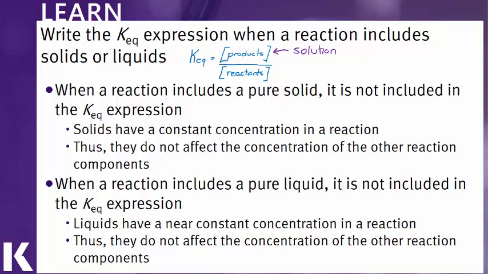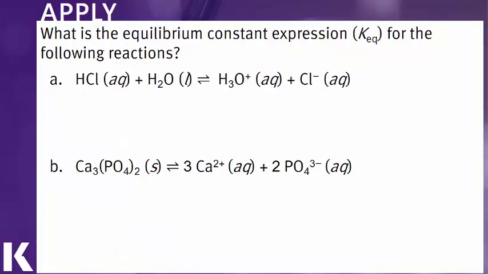So let's take a look at some reactions and write some equilibrium expressions. So here in part A, we have hydrochloric acid, which is aqueous, reacting with water. Note that water is a pure liquid, so we can ignore this as we write our equilibrium expression.